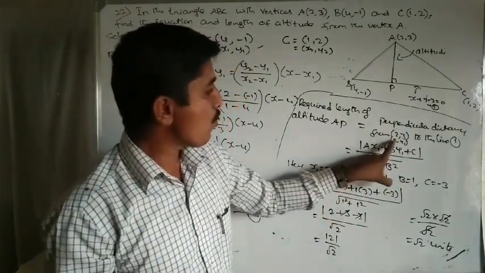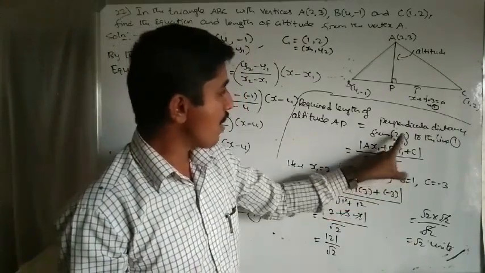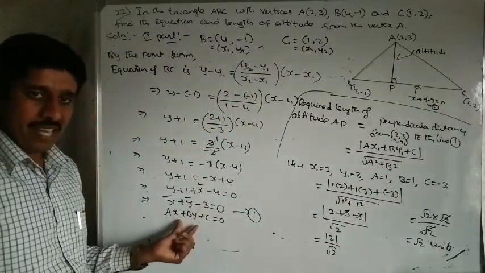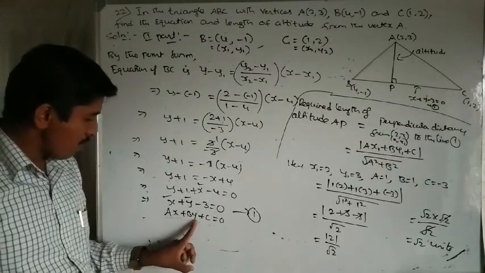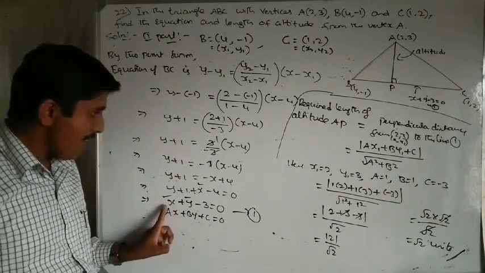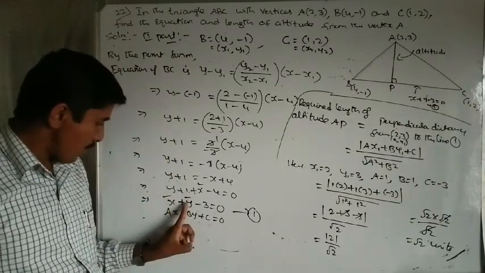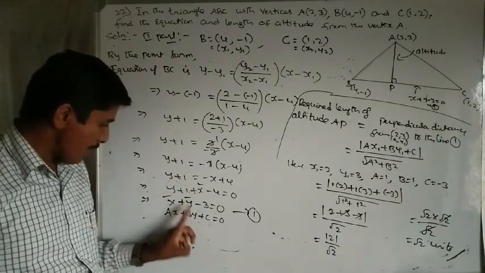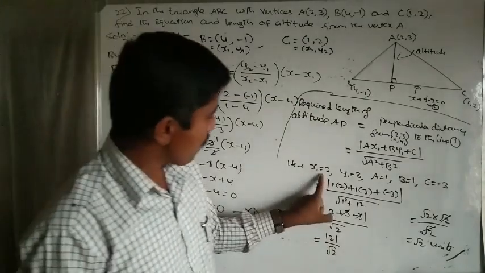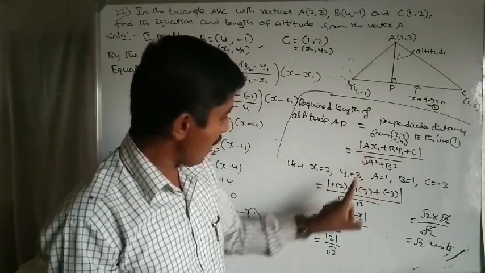Here x1 is equal to 2, y1 is equal to 3. Compare line 1 with the general equation ax plus by plus c is equal to 0. The x coefficient A is equal to 1, the y coefficient B is equal to 1, and the constant C is minus 3. Substitute these values in this formula.